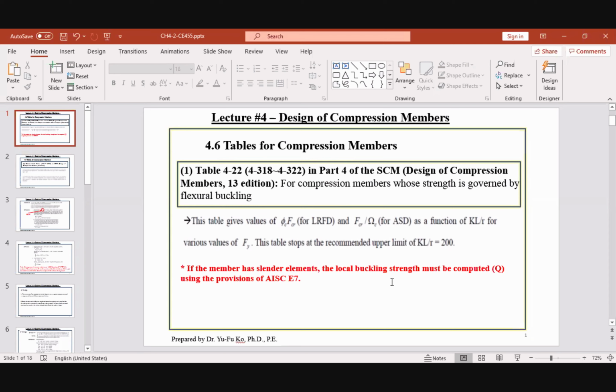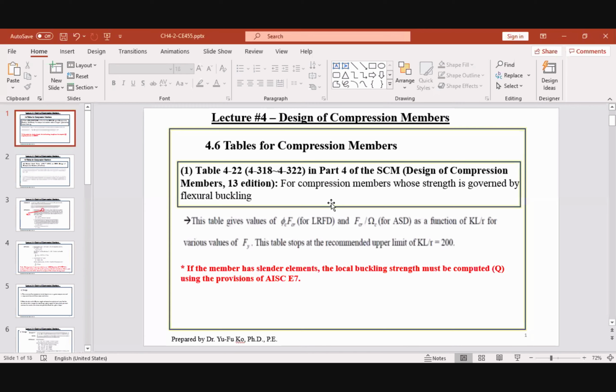The table stops at the recommended upper limit KL over r equal to 200. When you use this table, if your member has slender elements, the local buckling strength must be computed, which is the Q factor that I just talked about.